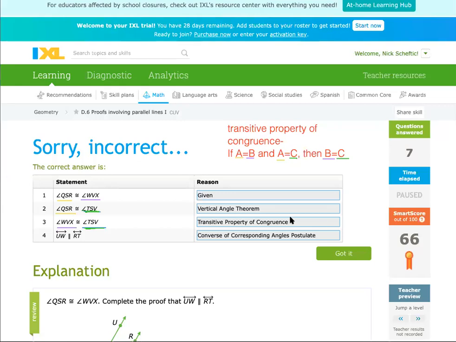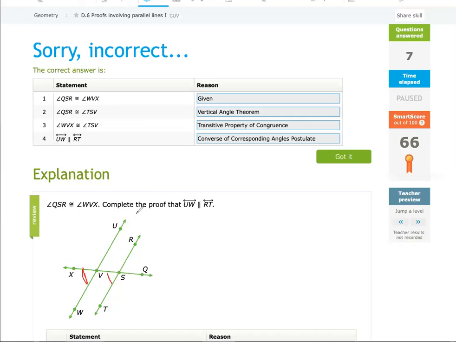All right, and that's for that section. The beauty of it, if you ever make a mistake, you can see the correction, then you can keep going on. Again, if you're going towards solving the two lines that are parallel, the end of it is going to be the converse of corresponding angles postulate, most likely. Transitive property of congruence is going to be when the two lines move into one.